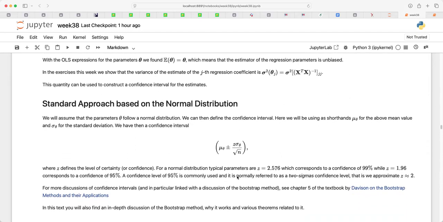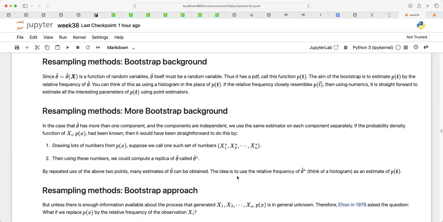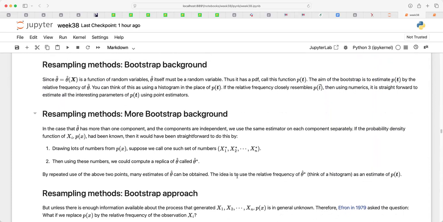So I'm going to skip some of these, but I'm going to say something about the bootstrap method, because we are going to use that to make a demonstration of the central limit theorem. And when we've done that, we are going to introduce the bias-variance trade-off and how we can use the bootstrap method to numerically see what happens when we run into overfitting.